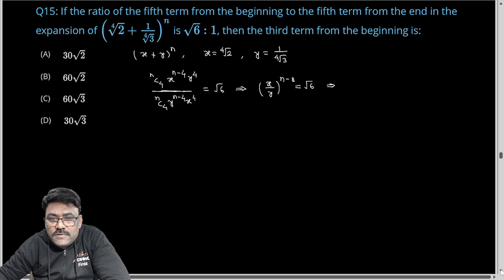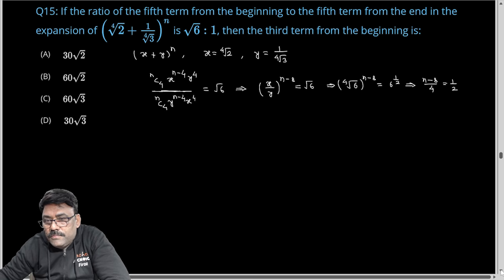If you divide x by y, x over y is fourth root of 6. So fourth root of 6 raised to n minus 8 is square root of 6, meaning 6 raised to half. So from here you get (n minus 8) by 4 equal to 2. So hence n will be 10.